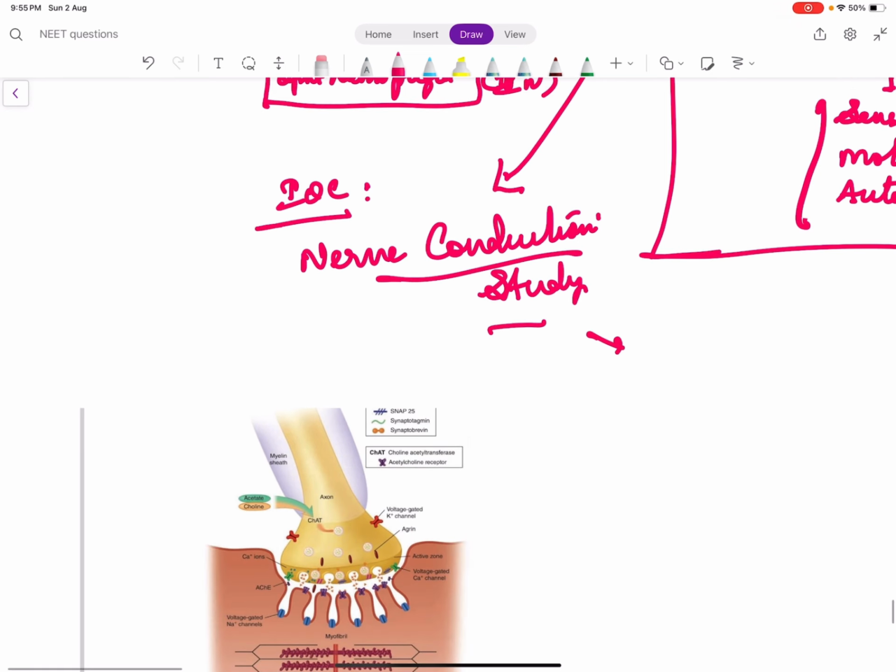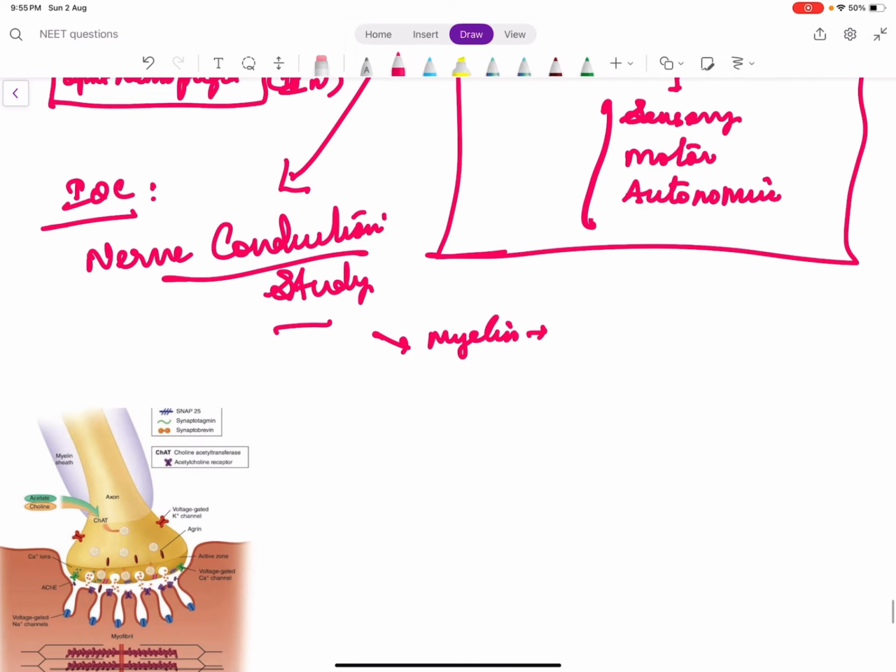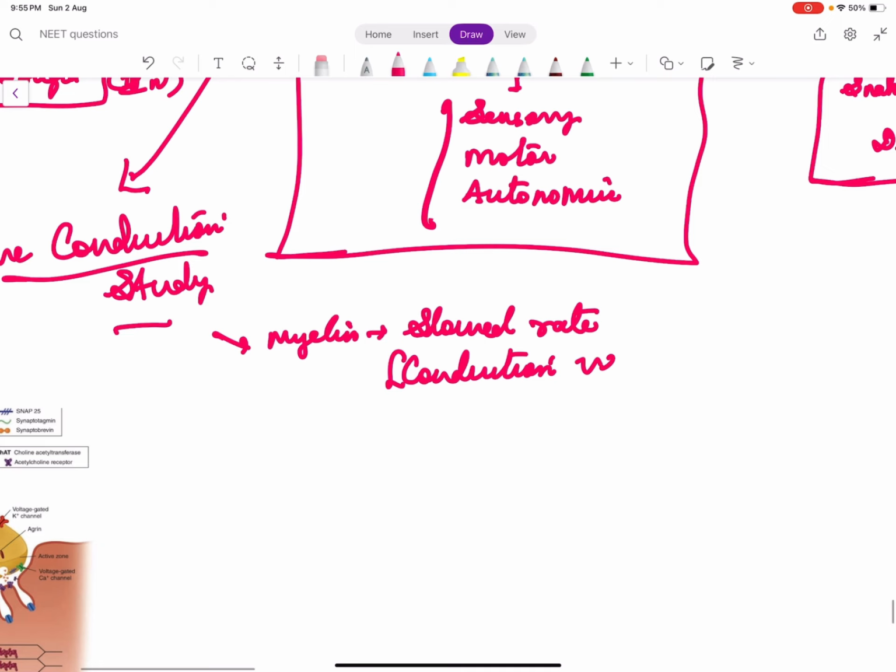I told you the function of myelin is to give speed of conduction. When myelin is not there, there will be slowed rate of conduction. So the technical term will be conduction velocity gets slowed. I am not using so many technical terms because nowadays most questions in exams are scenario based. It is enough if you understand the concept.